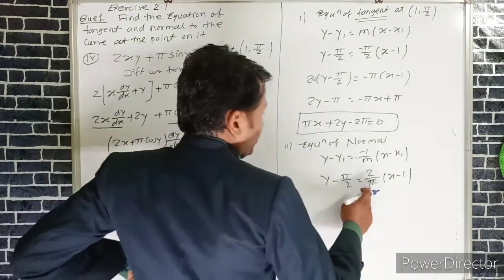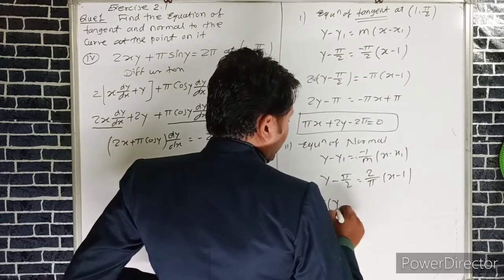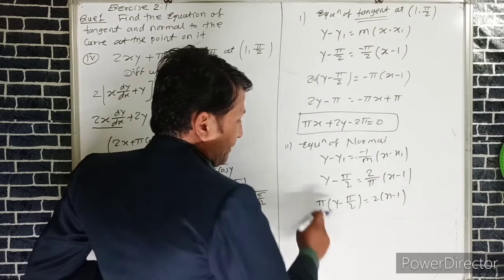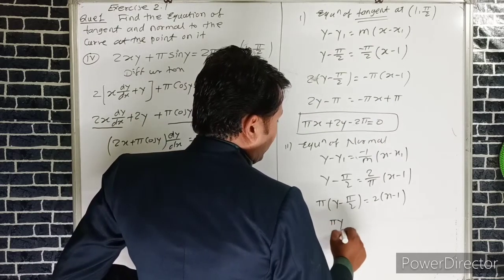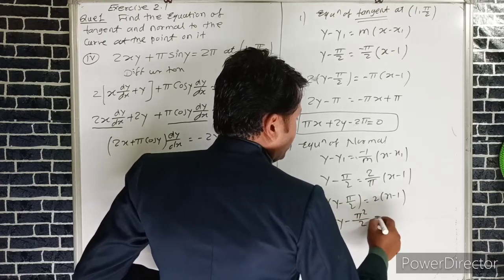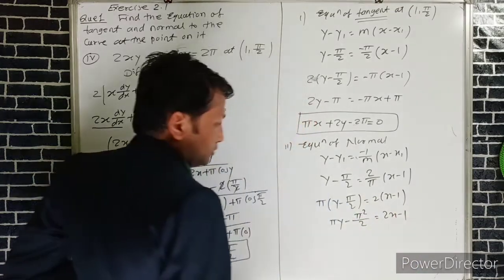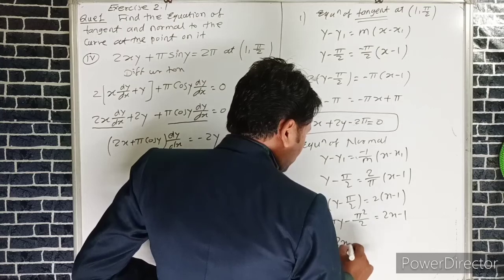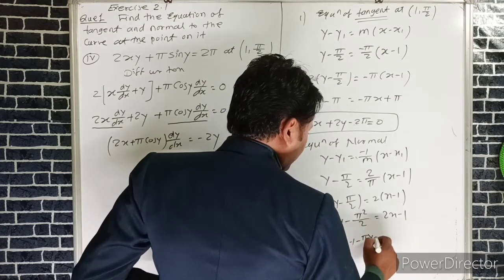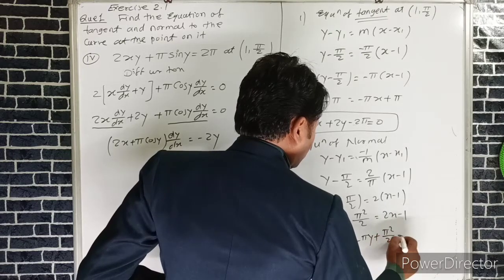So now we take this pi to the left side, we can write pi into (y minus pi by 2) is equal to 2 into (x minus 1). Pi into y, which is pi y, minus pi square by 2, is equal to 2(x minus 1). This 2x minus 1 as it is, minus pi y, plus pi square upon 2 is equal to 0.